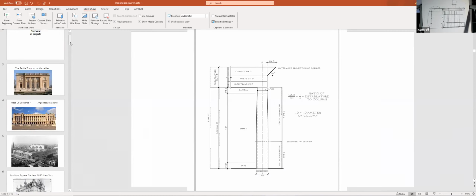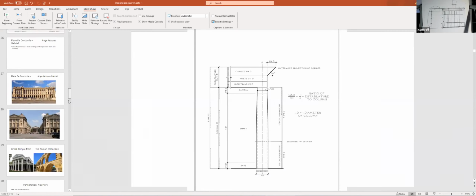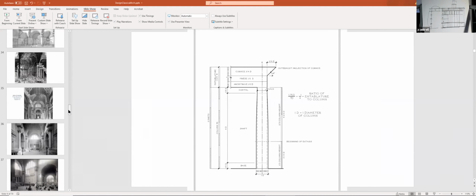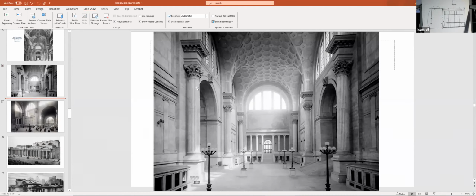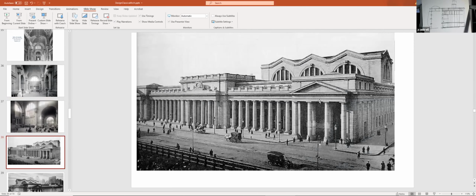Let me go back to this animation, because look how it would look like a blatant mistake. You're saying, why don't they just bring the column up to the cornice? Well, like you see in colonnades. Right, because like this one, you're seeing the architrave and the frieze in every condition about the column.